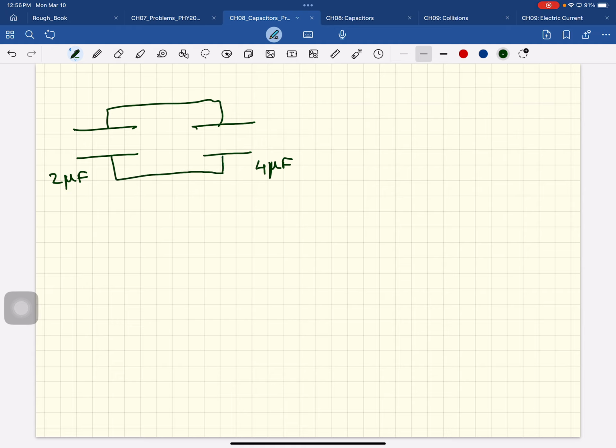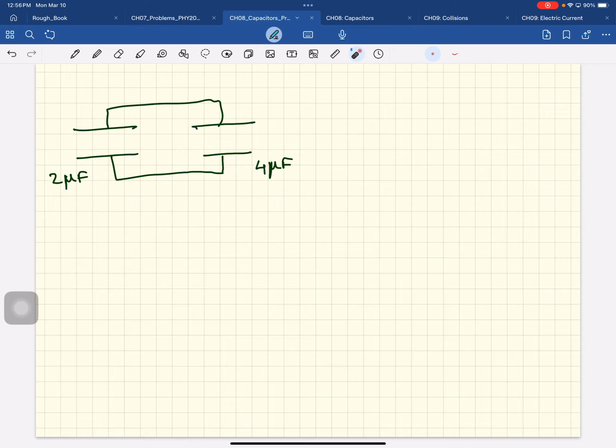All right, so when you connect capacitors in parallel, the charges redistribute such that what needs to be true? The voltage across each one of them is the same.